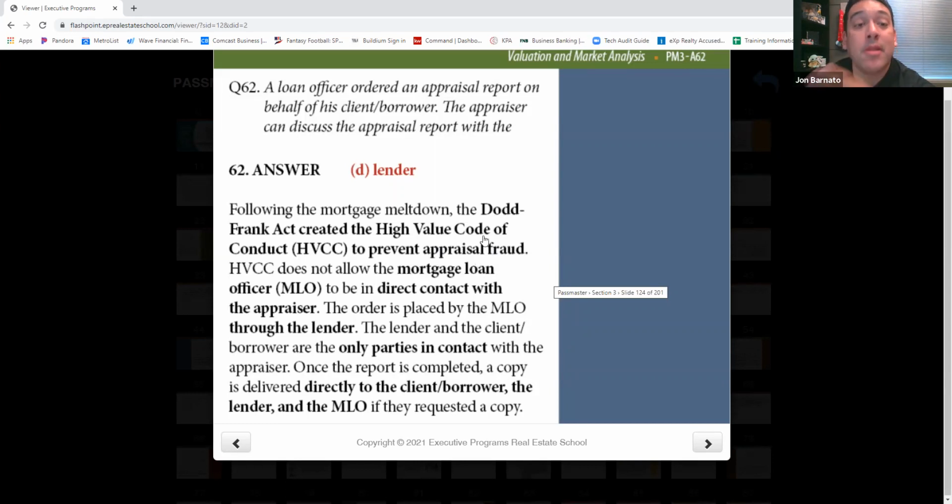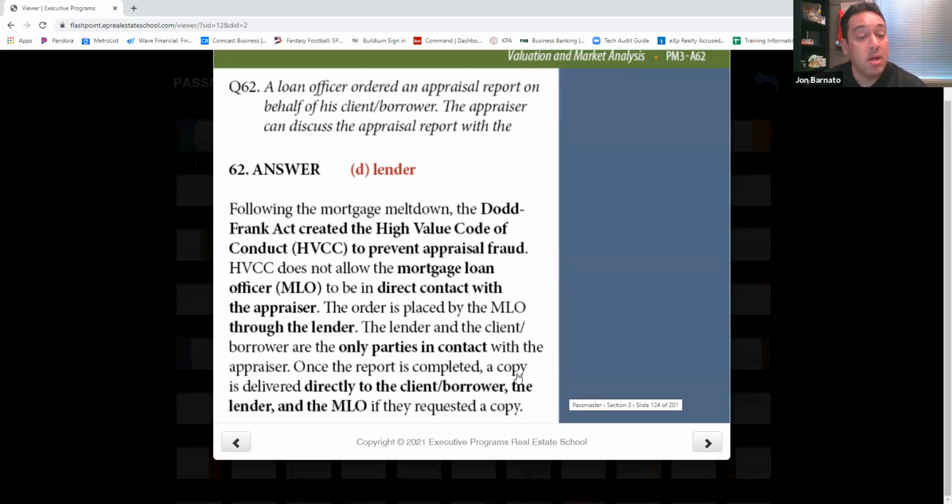Part of the reason we had all these bad loans was because the mortgage loan officer, the appraiser and the buyer were chummy, like wink, wink, let's get this value done, and I'll order more appraisals from you. So they passed a law that says only the lender can talk with the appraiser, because they're the ones actually trying to protect their collateral in the process. Everyone else would have influence that is detrimental to the lender protecting the collateral.